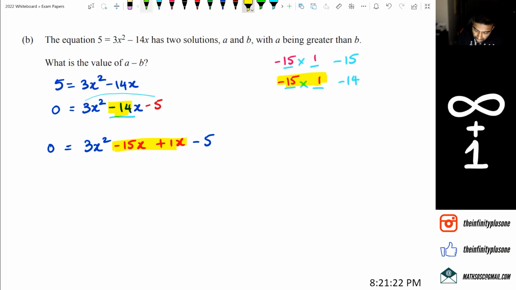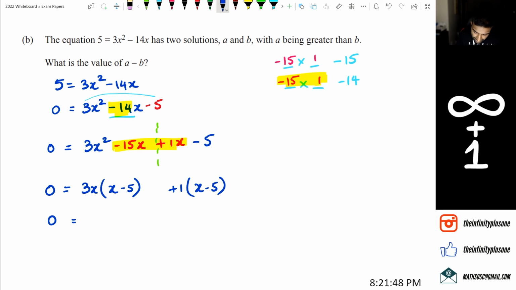Once I do that, I separate these two terms, and then I look for common factors. In the first part I've got 3x as a common factor, so this would become x minus 5, and in the second part, the right hand side of that green part of the line, I've got 1 as a common factor, and I'm going to get x minus 5.